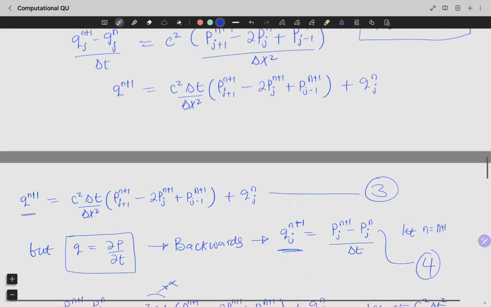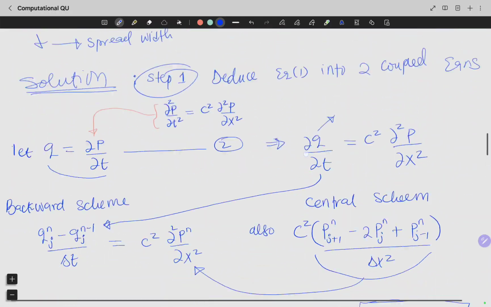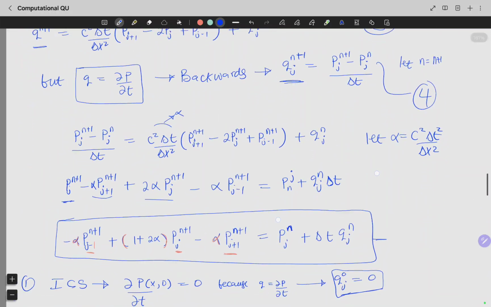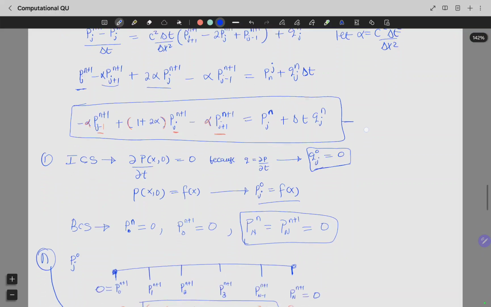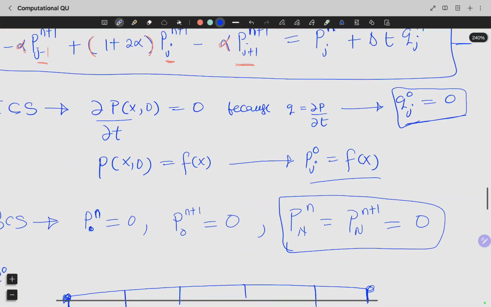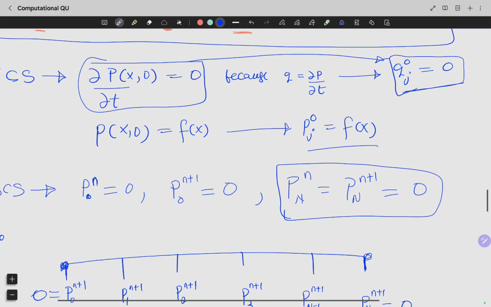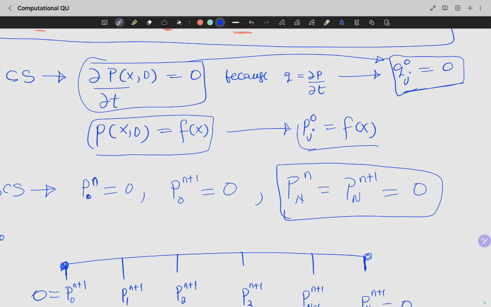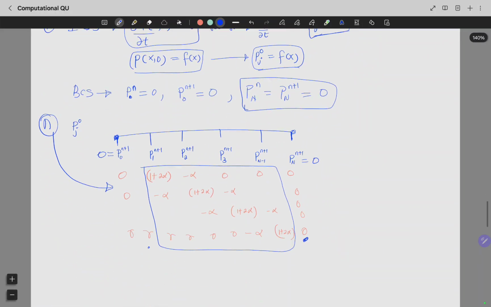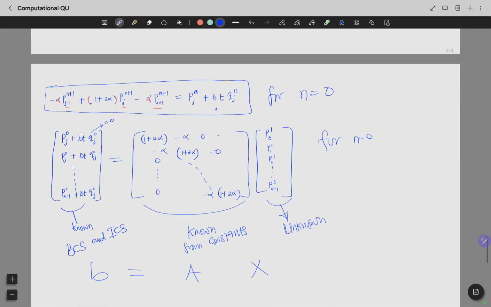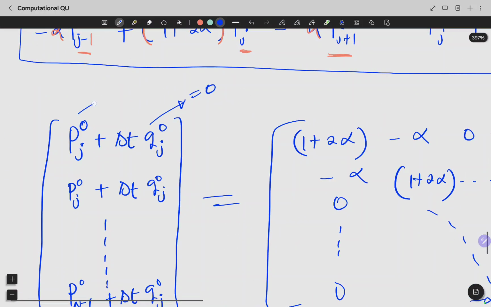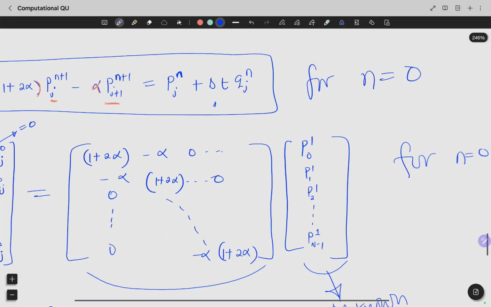And what do we have more? Oh yeah, this one. That's what led to this, right? P0 of j equals f of x. So here in the matrix, this Pj0 will be f of x. That is for n equals 0.